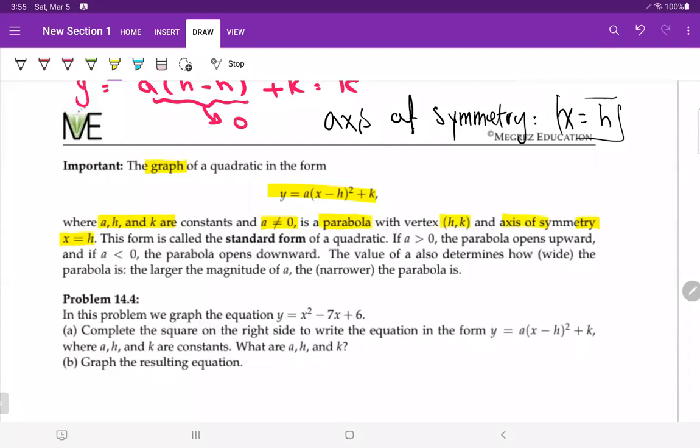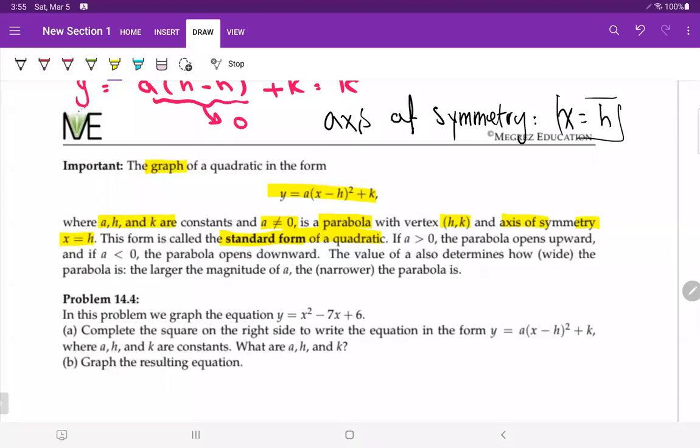This is one of the forms of writing a quadratic function. We call it the standard form of the quadratic function, because we will have another form now.